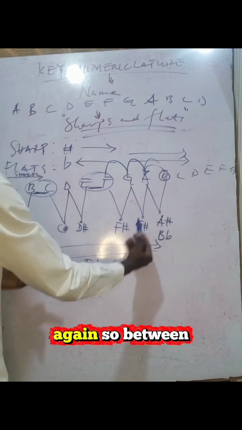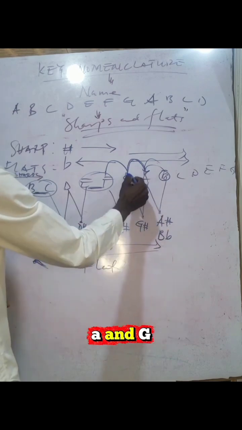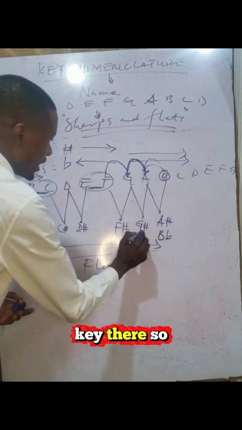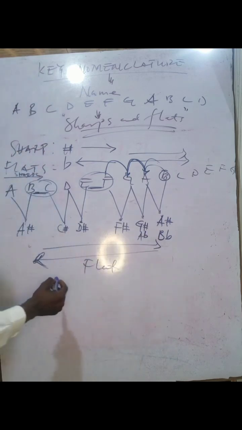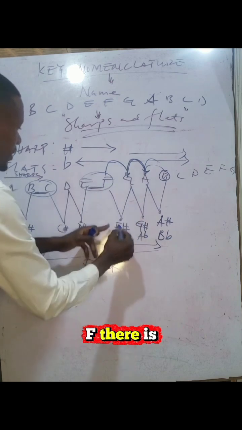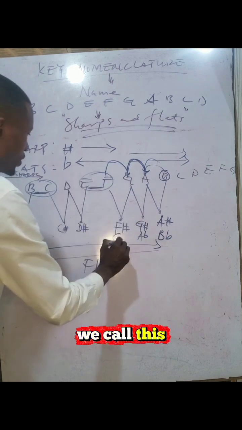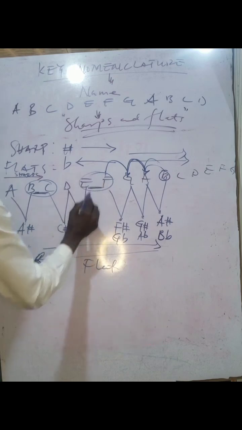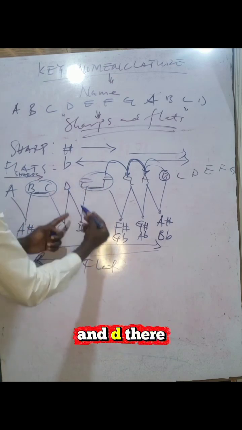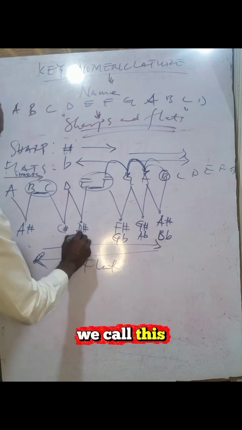So let's move again. Between A and G, there is a key there. So we call this A flat. Between G and F, there is a key. We call this G flat. There is a natural semitone here. So between E and D, there is a key. We call this E flat.